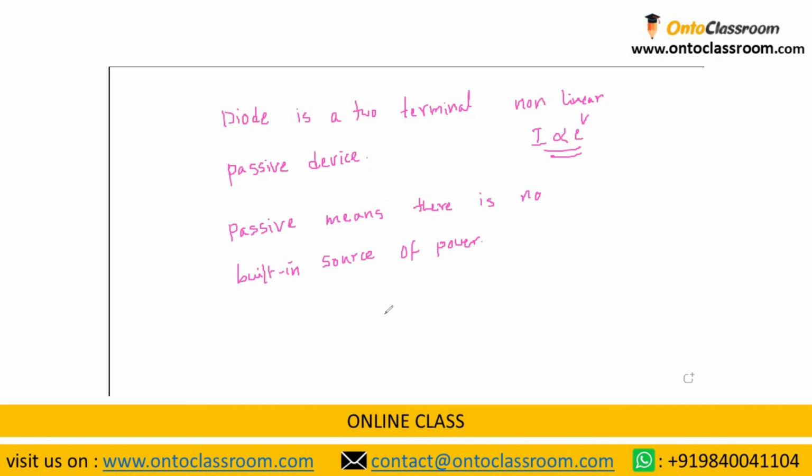If you consider a diode symbol, you have only two terminals, you give V and you get current I. And here we don't have any scope of giving supply to the diode. Such devices in which we do not have scope of supplying voltage are said to be passive devices.